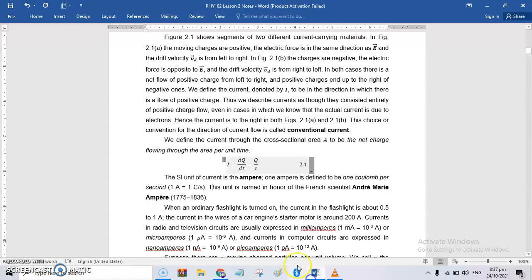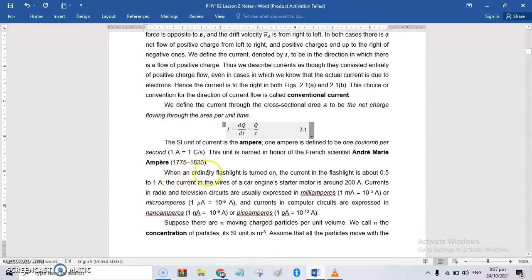So, let's continue. When an ordinary flashlight is turned on, the current in the flashlight is about 0.5 to 1 ampere. The current in the wires of a car engine starter motor is around 200 amperes. Of course, in our car we need a large amount of current compared to a flashlight.